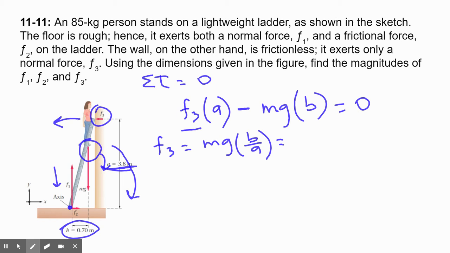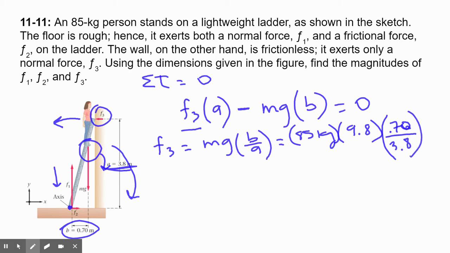We see that the mass is 85 kilograms. We know gravity, 9.8. And then B is 0.7. And A is 3.8. Okay. So F3 is going to be about 150 newtons. Okay, so we found one of them.